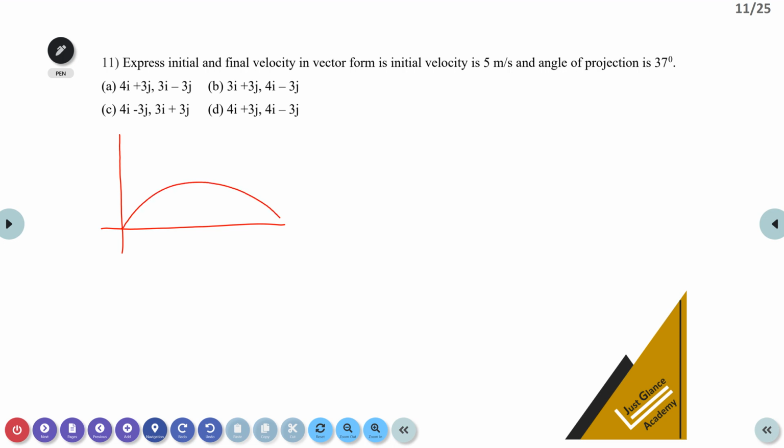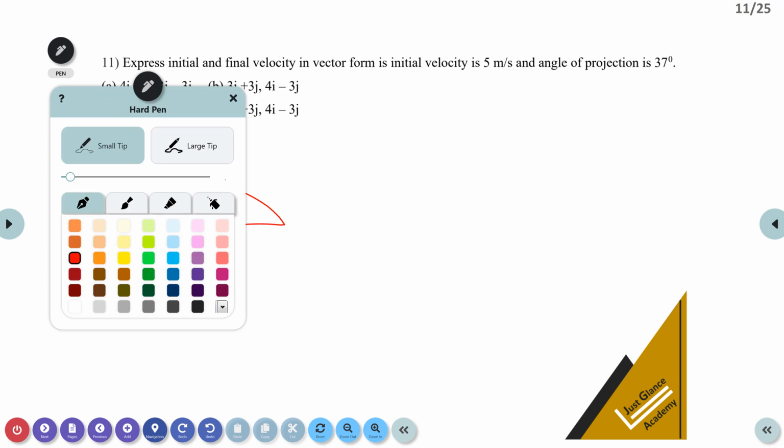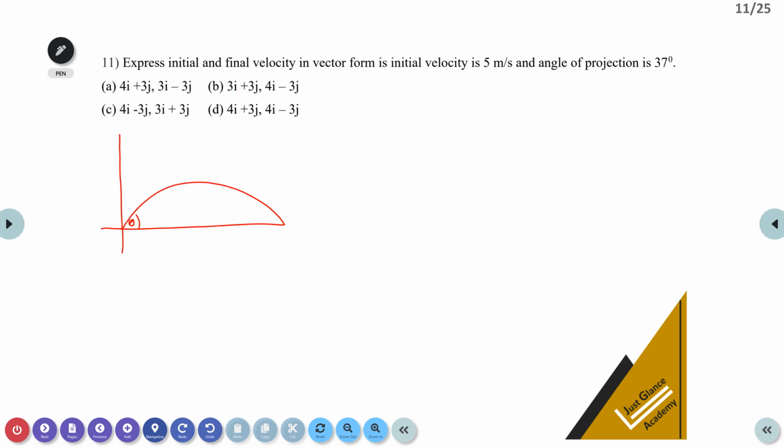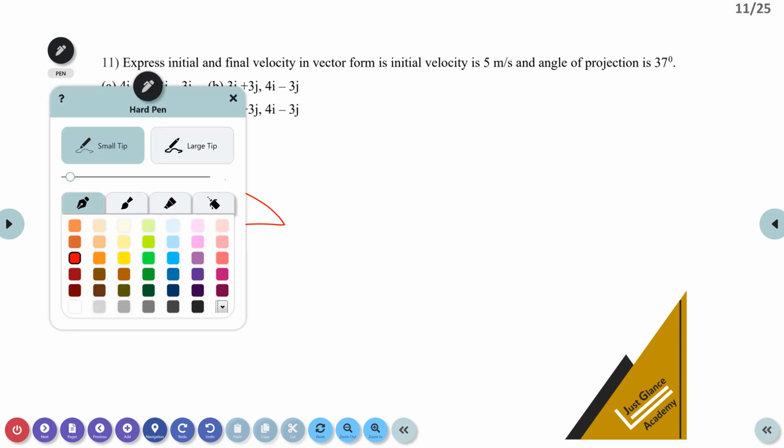This is the projection. This is theta. Now I will resolve it. This is u, and this quantity is ux, and this quantity is u.